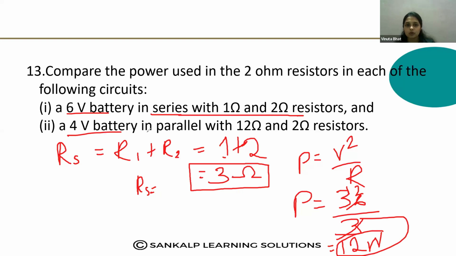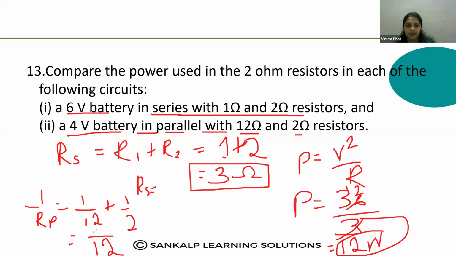And for the 4-volt battery in parallel with the 12 ohm and 2 ohm resistors, 1/Rp is equal to 1/12 plus 1/2, that is equal to 7/12, so Rp is equal to 12/7 ohm.